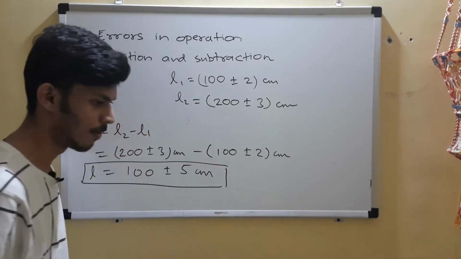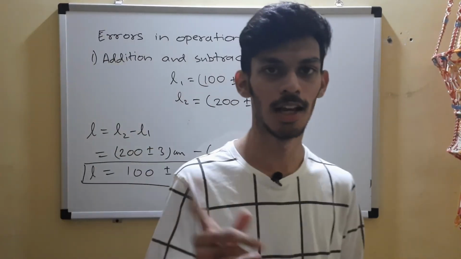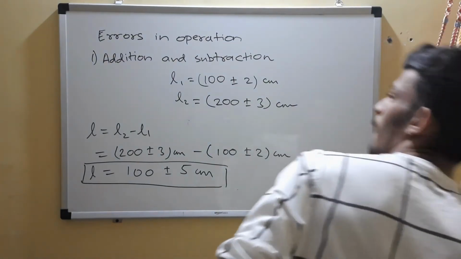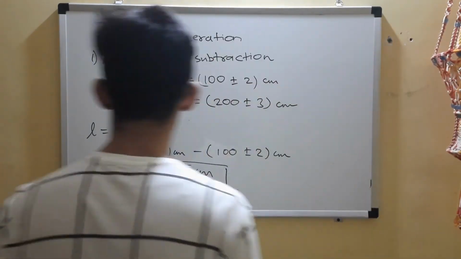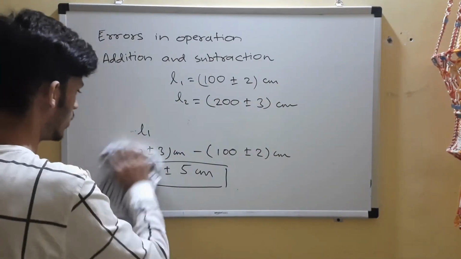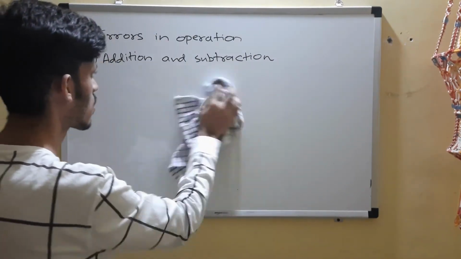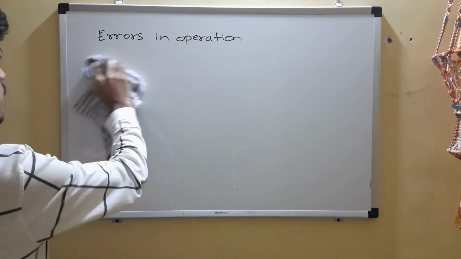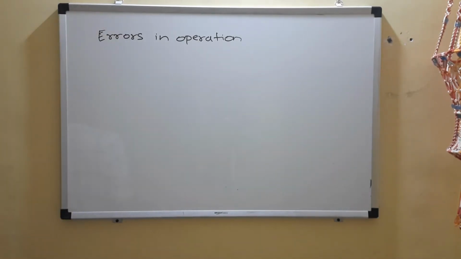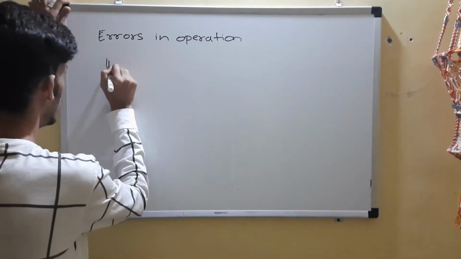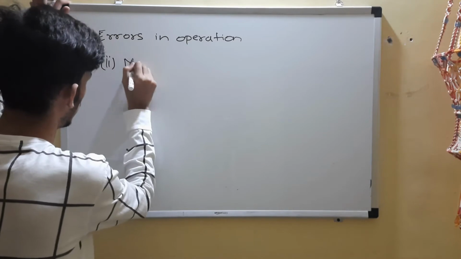So remember that in addition or subtraction, errors are always added. Now let's go for multiplication and division. So the second one is multiplication and division.